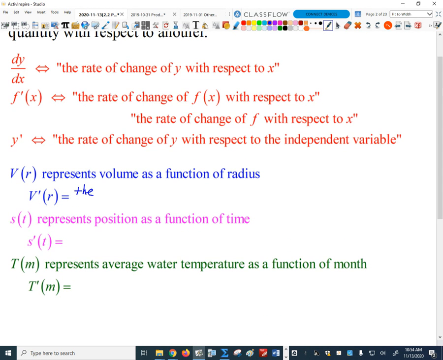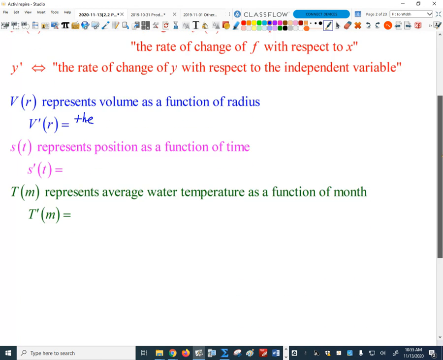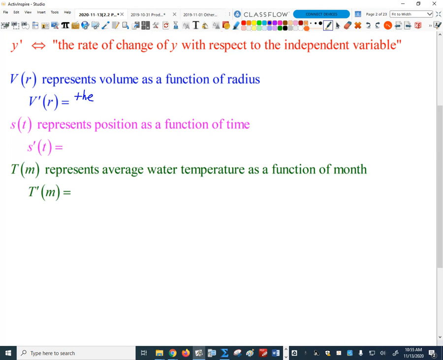Okay, let's go back and look at these examples up here again for just a second more. So if I've got something like dy dx, that's the rate of change of y with respect to x. We're looking at how much the y variable is changing compared to the change in the x variable. F prime of x would be the rate of change of f with respect to x. So if we have v of r, what would v prime of r mean? If v represents volume and r represents radius, what's v prime of r going to be, do you think?